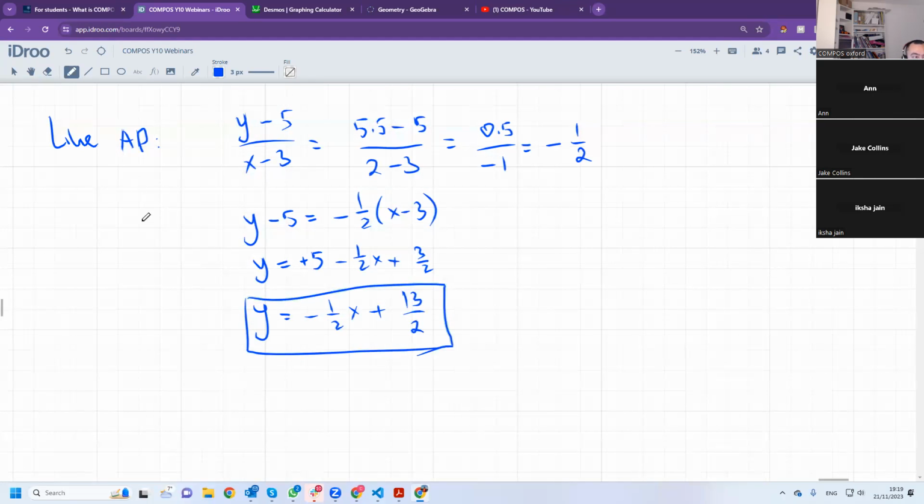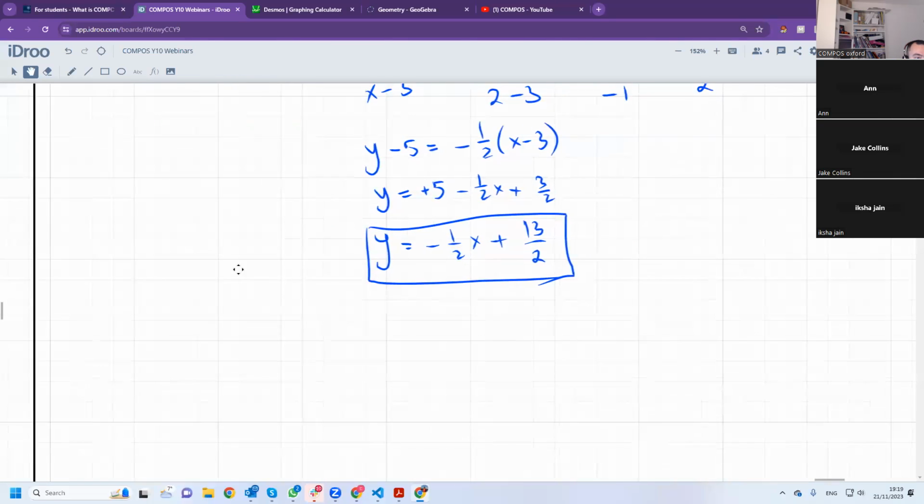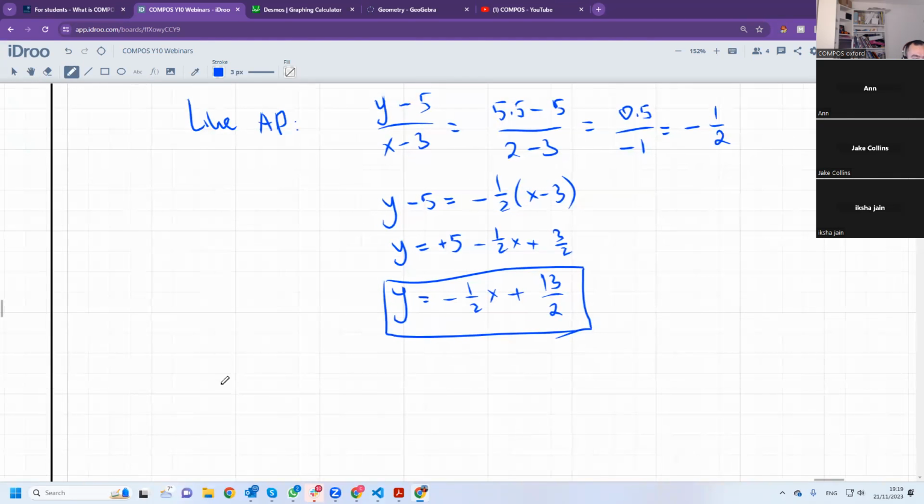That's the first equation. And the second one, line AQ. So y minus 5 over x minus 1 equals 5.5 minus 5 over 2 minus 1. Yes.